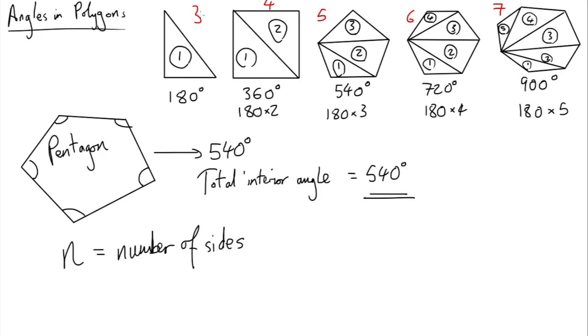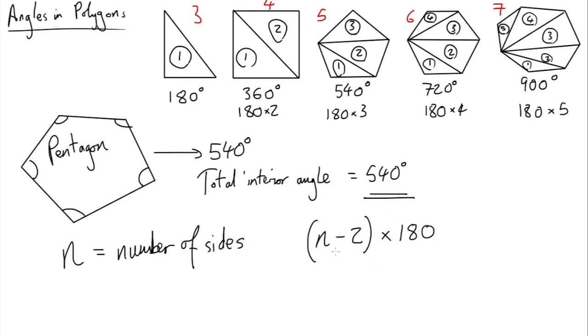So we can see in this case, we've done 1 times 180. In this case, we've done 2 times 180, 3 times 180, 4, and 5 times 180. So we've times 180 by 2 less than the total number of sides. So I can write this algebraically, and this is really important to learn. We do n minus 2 times by 180.